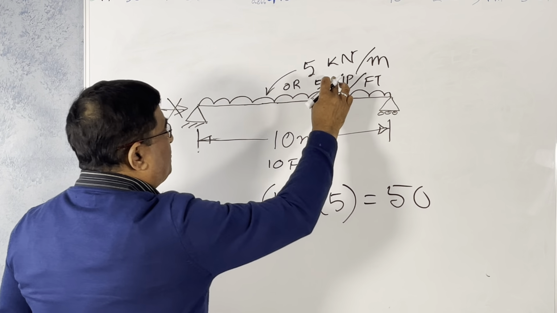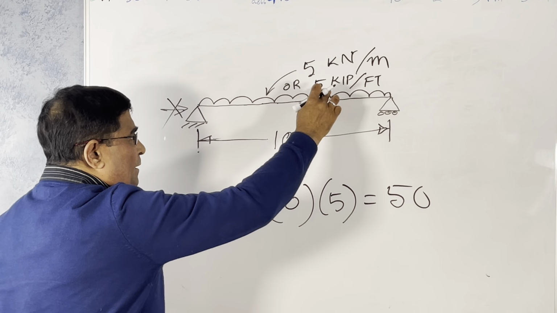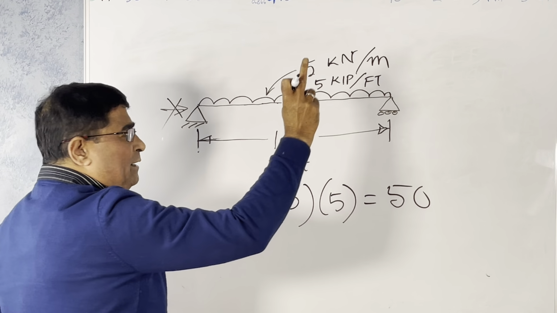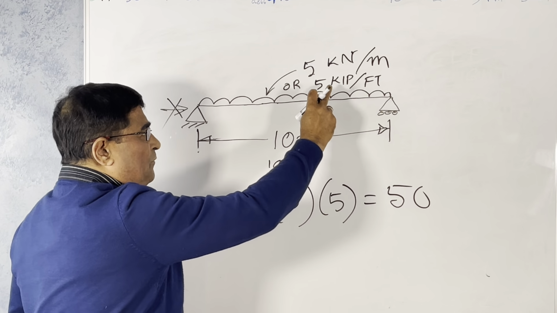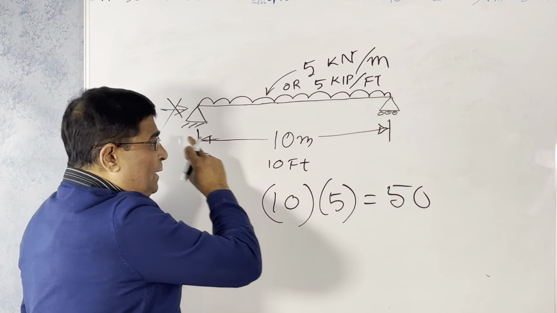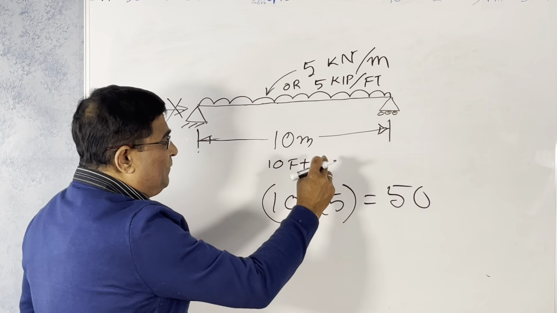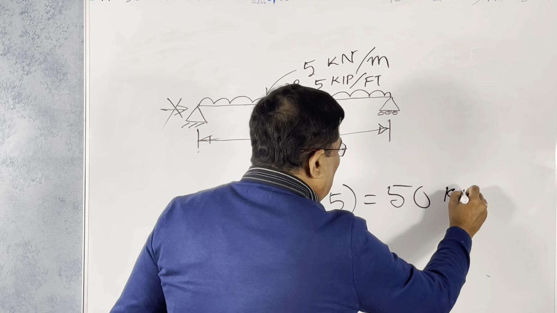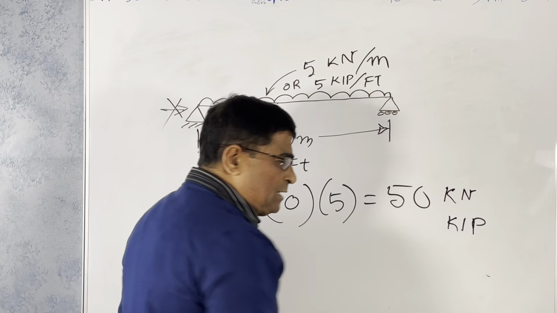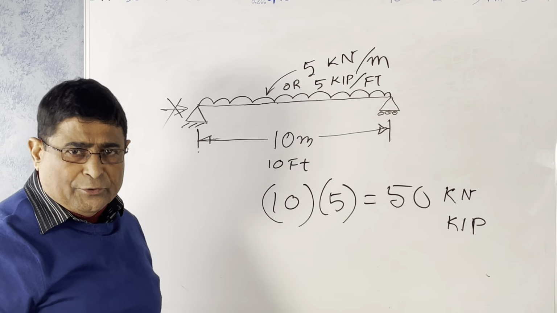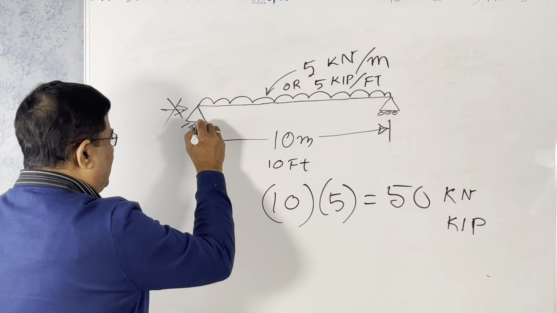This is 5 kilonewton per meter. 1 meter has 5 kilonewton, or 1 foot has 5 kip, so what do 10 feet or 10 meters have? 10 times 5 is 50 kilonewton, or kip if you consider the American unit.